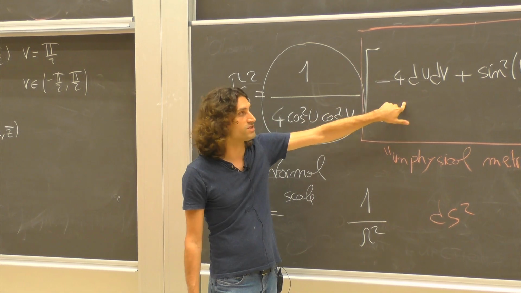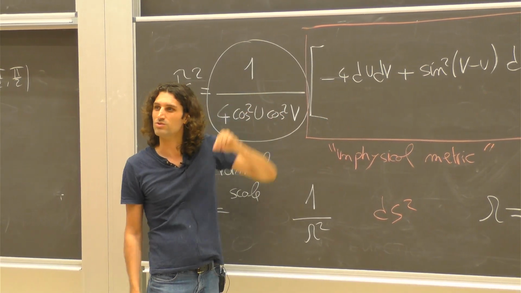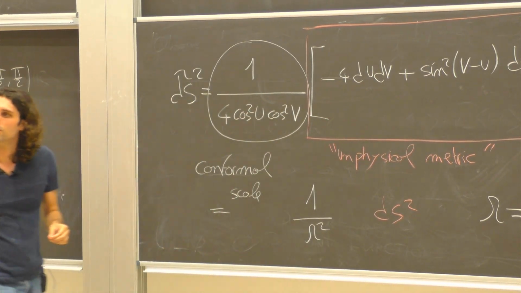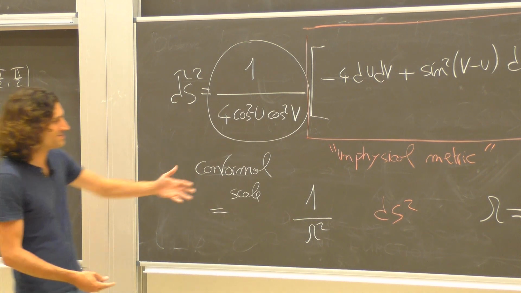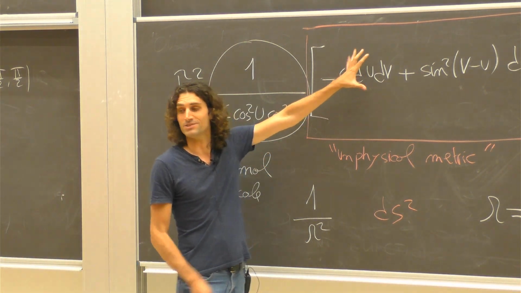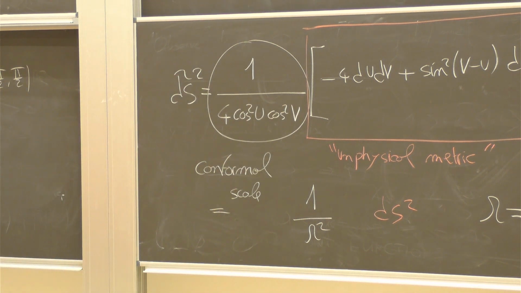You would have 1 over sine squared, which goes to 0 at this corner, so that would not be very nice. That's true, but also the du and the dv are also 0. Right? The biggest point. Right. So, I mean, your metric would be ill-defined, so you don't want to do this.